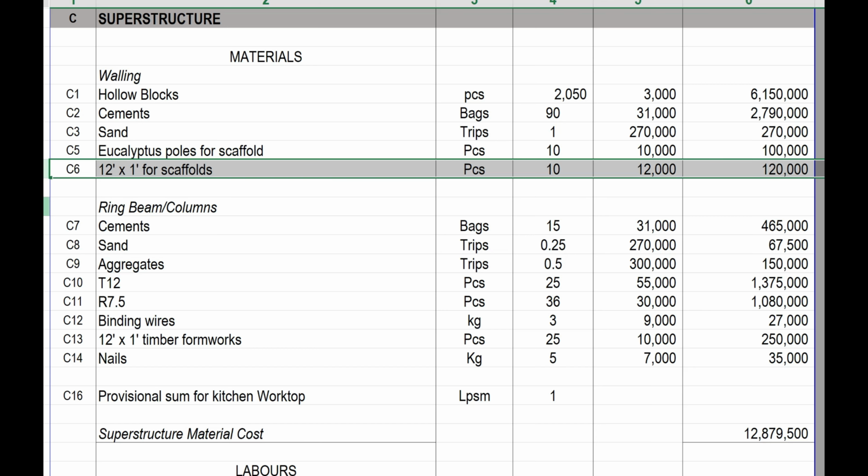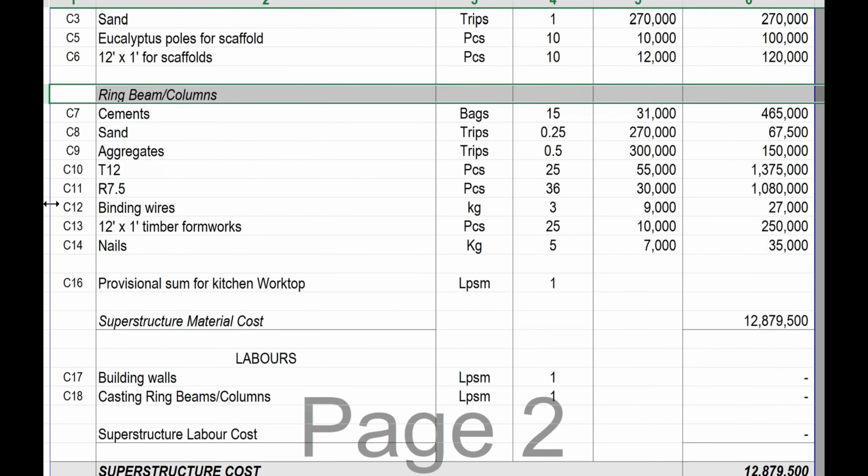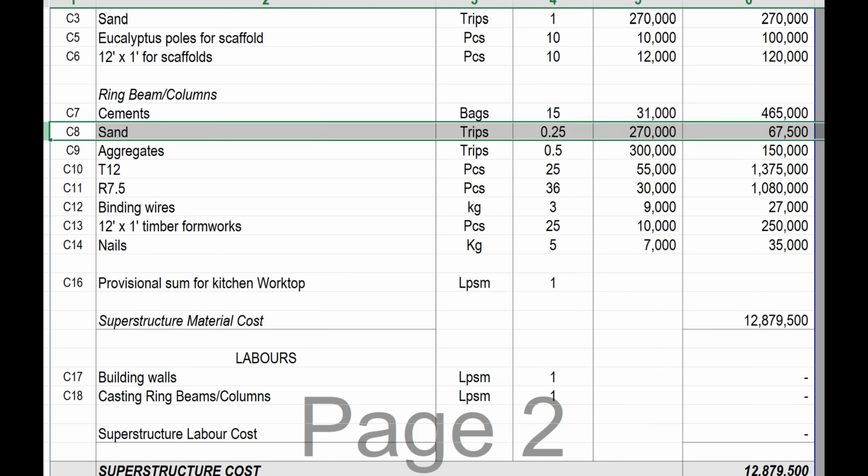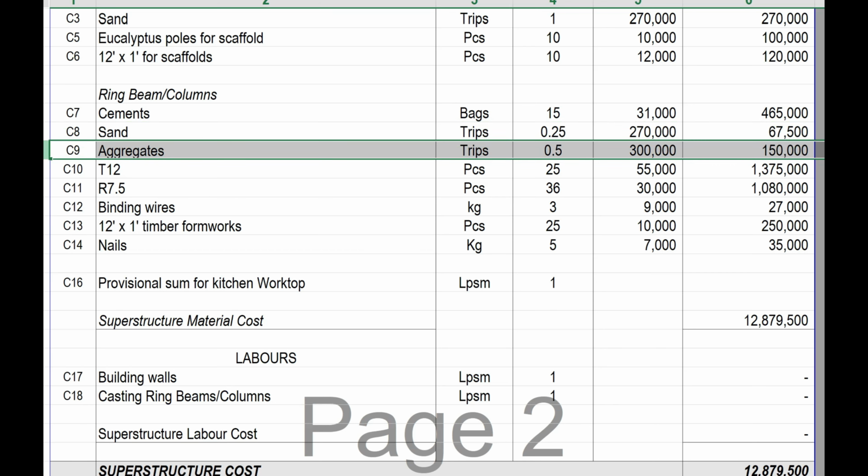And going to the ring beam, we might need cement, about 15 bags. We might need sand, about an elf, and aggregates, about half a forward, maybe.